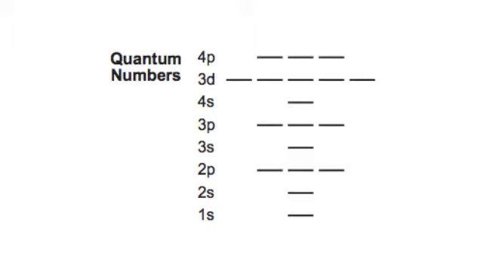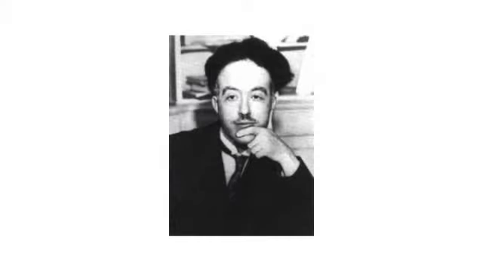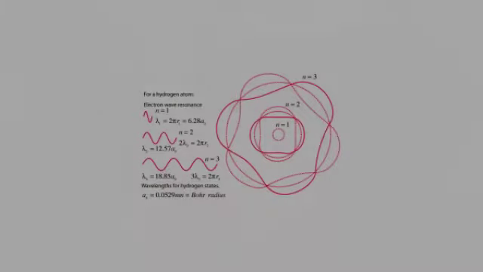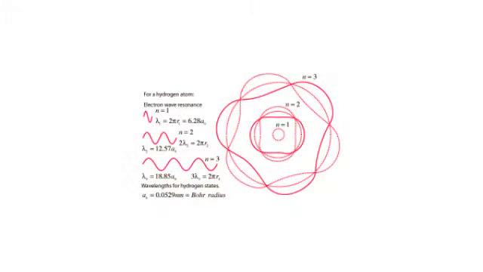In 1924, de Broglie took the idea that light can be considered as consisting of waves or particles and applied the idea to the electron. He decided that the electron could also be considered as a wave.